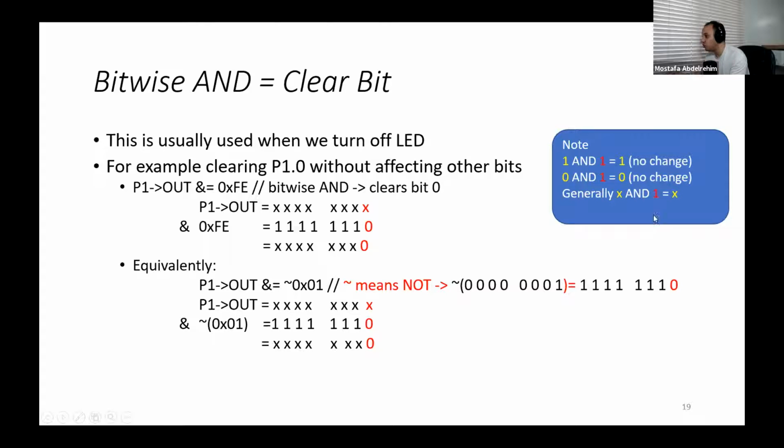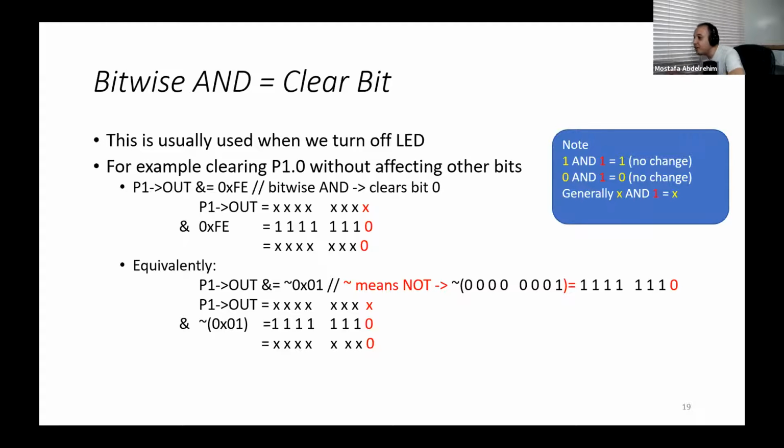So X AND 1 is X, until the 7th bit here. So all these 7 bits will not be changed. But now let's see what's going to happen to the last bit, bit 0. X AND 0 will be 0, because if X is 1, 1 AND 0 is 0, and if X is 0, 0 AND 0 is still 0. And that was our requirement, to reset or clear bit 0 in the P1 OUT register, so that we can turn off the LED, for example.